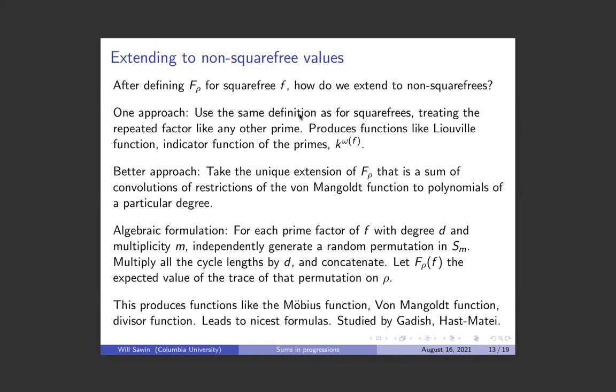So the most obvious thing we could try is use the same definition as for square-frees. We can treat the repeated prime factors as if they were two different primes that just happen to have the same degree.